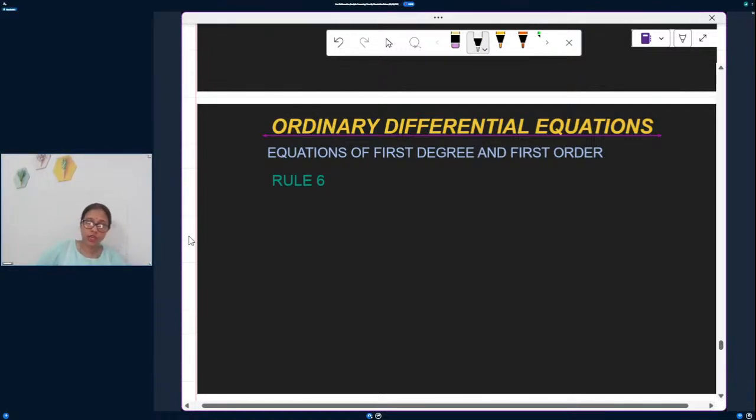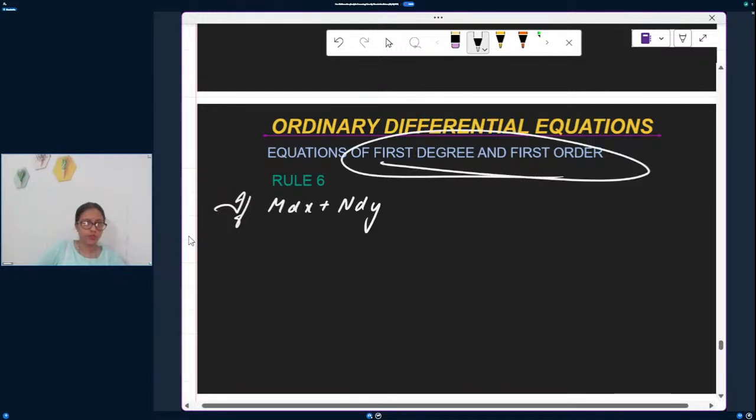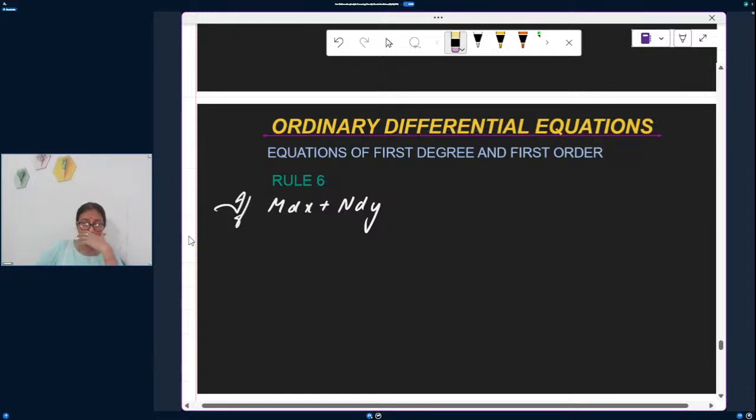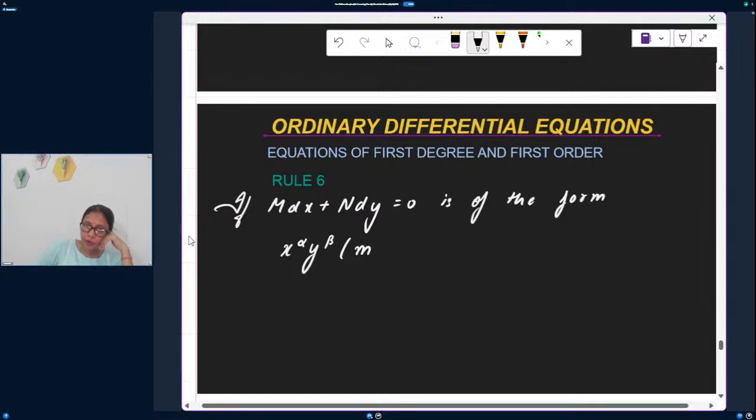First, again, you start with the differential equation having the form of M dx plus N dy, and in fact, every differential equation of first degree and first order can be written like this. This equals 0 is of the form x raised to power alpha, y raised to the power beta, (my dx plus nx dy) equals 0.